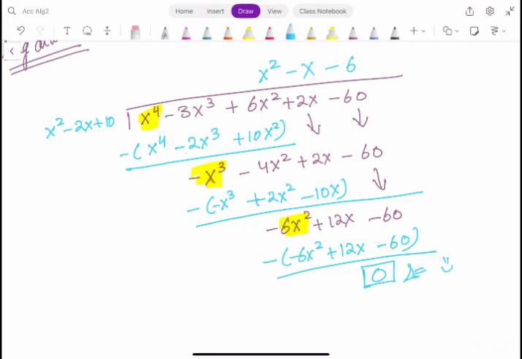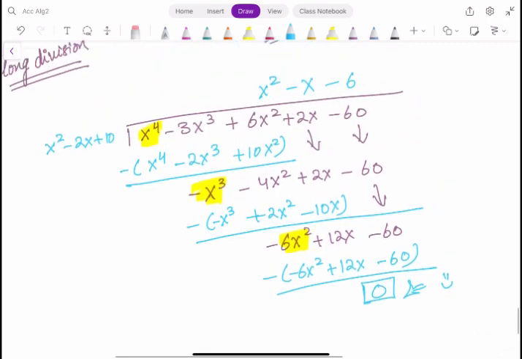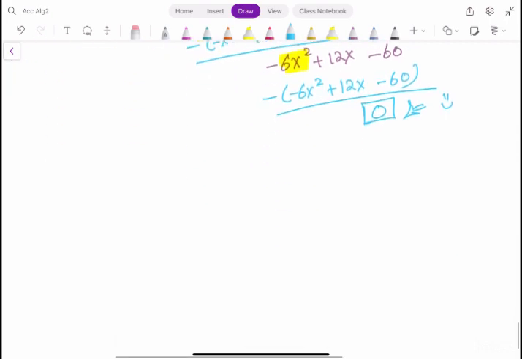So we can further elaborate the factors of f of x. We have a divisor, which is x squared minus 2x plus 10, and we also got the quotient, which is x squared minus x minus 6. Remember, both the divisor and the quotient, these are the two components of the linear factorization of the f of x.